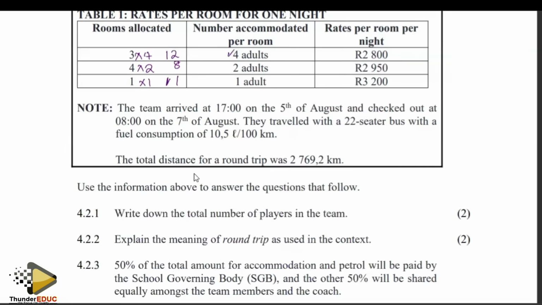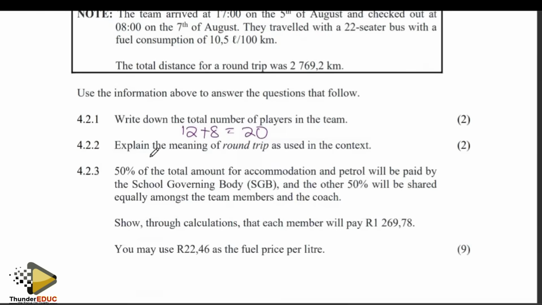But remember, one was the coach, so they are 20 players. Then explain the meaning of round trip in this context. It means what we call the return trip. It's to and fro.